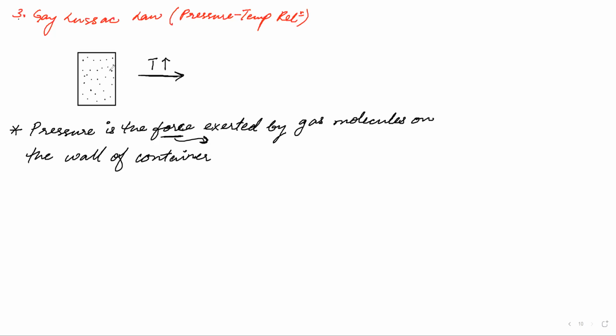If I increase the temperature, then the speed of the molecules will increase. On bombarding the wall they will have greater speed, and by greater speed they will get greater force. By greater force they will exert greater pressure. So if I increase the temperature, pressure will increase.